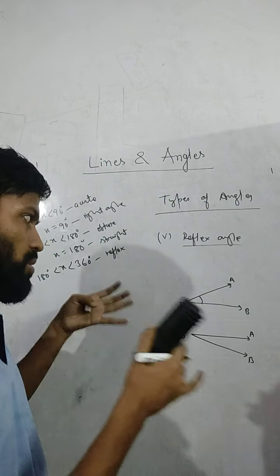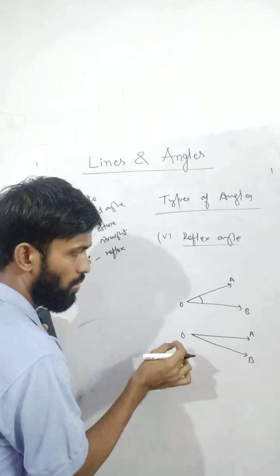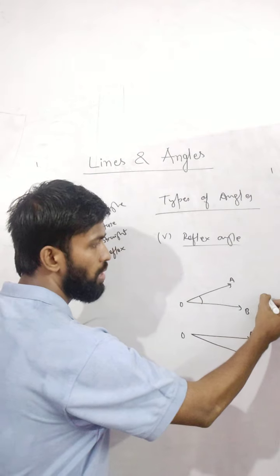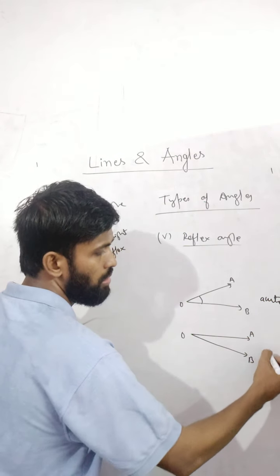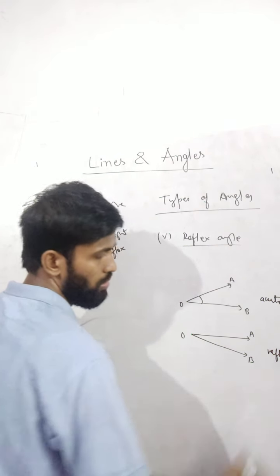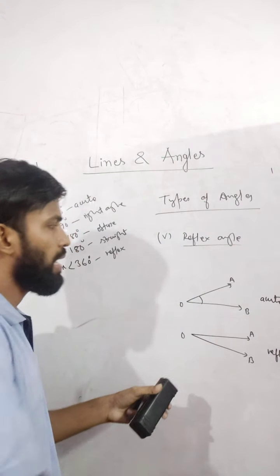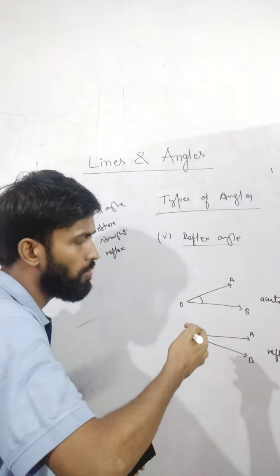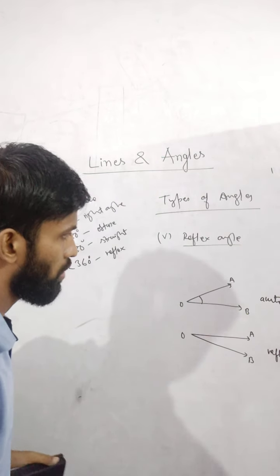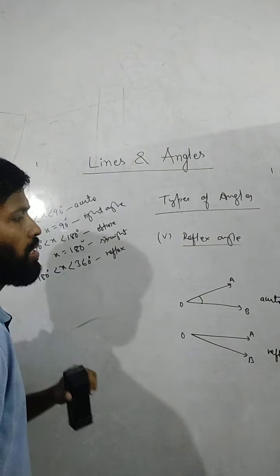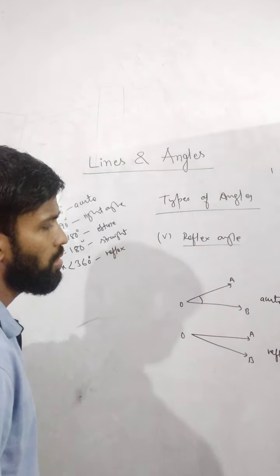It is actually the representation for both. This is an acute angle and this is a reflex angle. So how do you differentiate? Remember, the angle subtended in the anti-clockwise direction is always taken as positive.